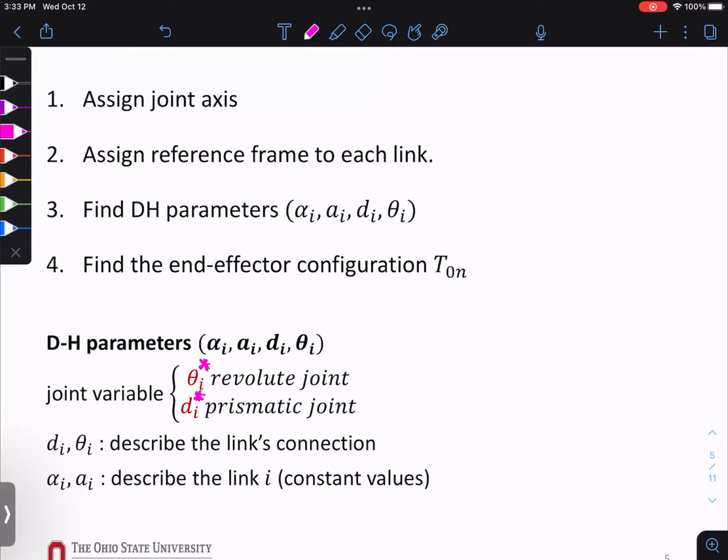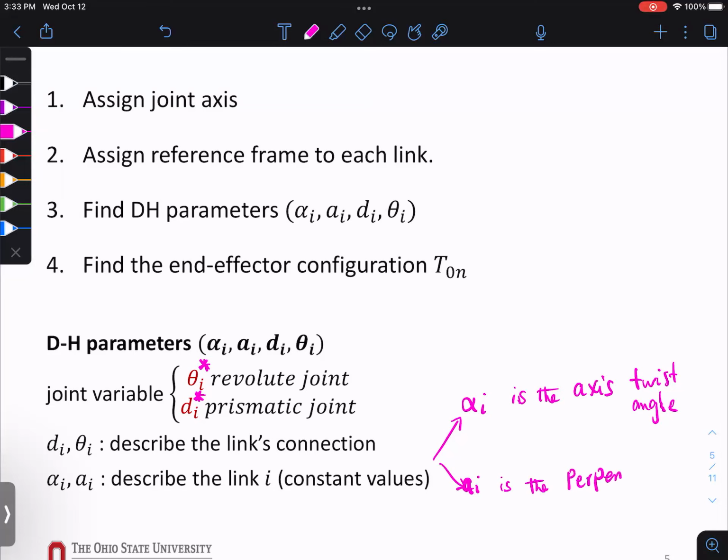I'm going to write it here. You'll see it again. Alpha i is the axis twist angle. a i is the perpendicular distance between joints.